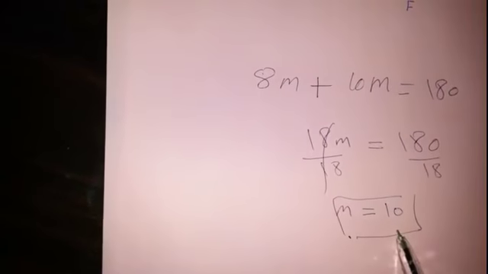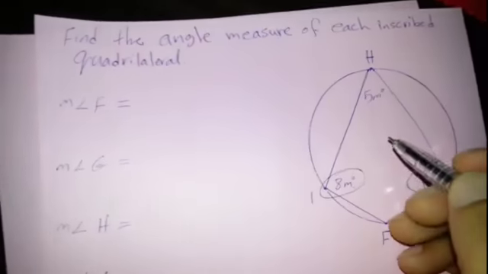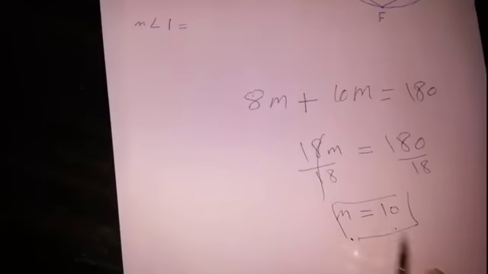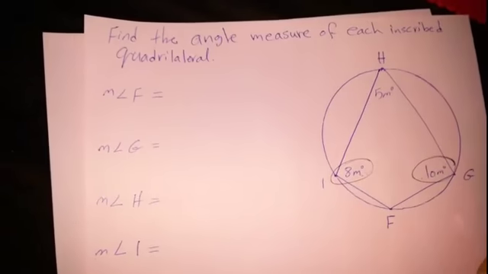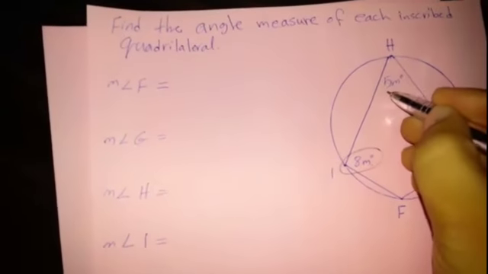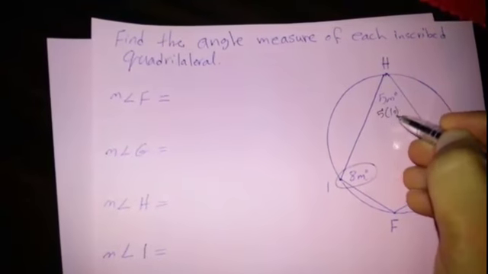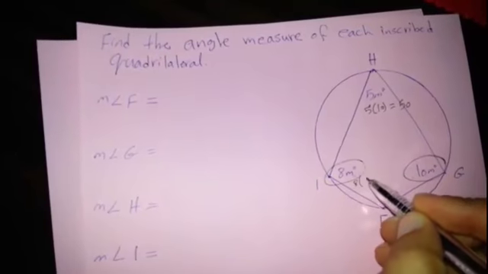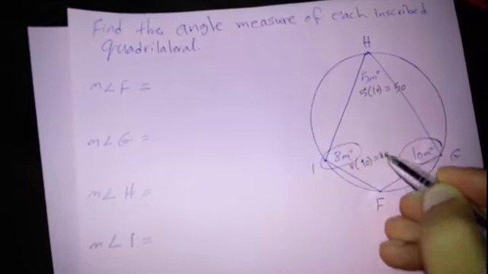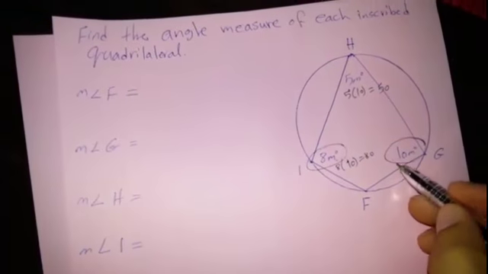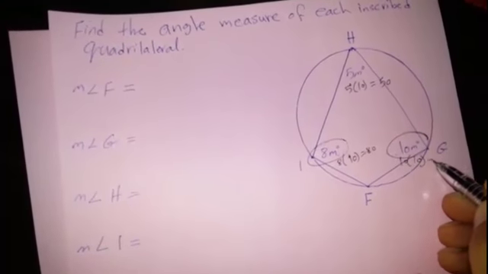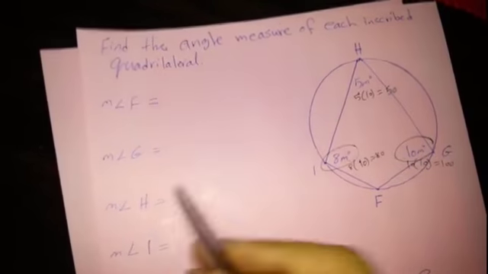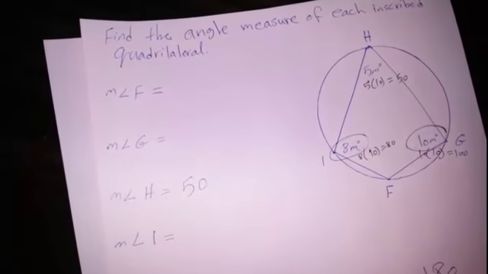Now I know that m is 10, right? If I replace each m by 10, it will be 5 bracket 10, which is 50. And 8 bracket 10, which is 80. This one 10 bracket 10, which is 100. So I know now that angle H is 50.